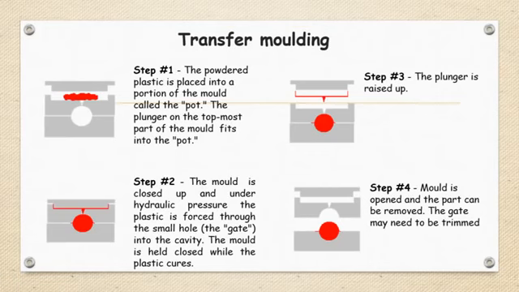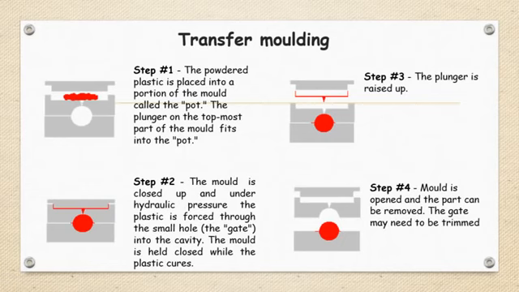Now the same things we can see in these 4 steps. In step 1, the powdered plastic is placed into the portion of the mold called the pot. The plunger on the topmost part of the mold fits into the pot. In the second step, the mold is closed up and under hydraulic pressure the plastic is forced through the small hole or gates into the cavity.